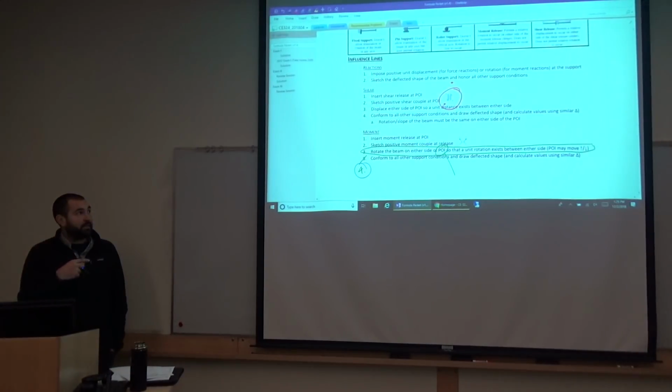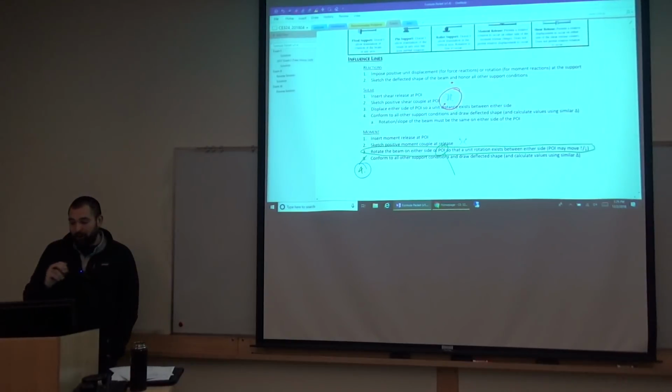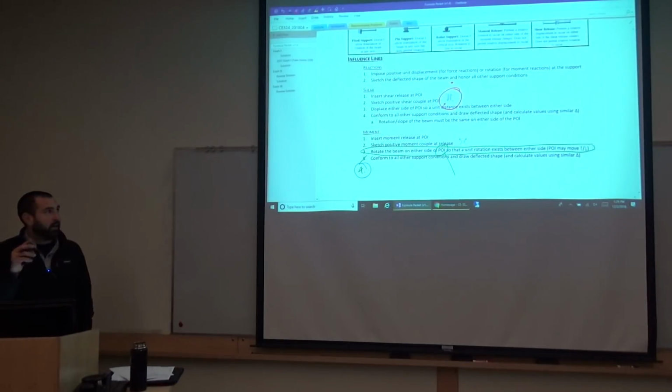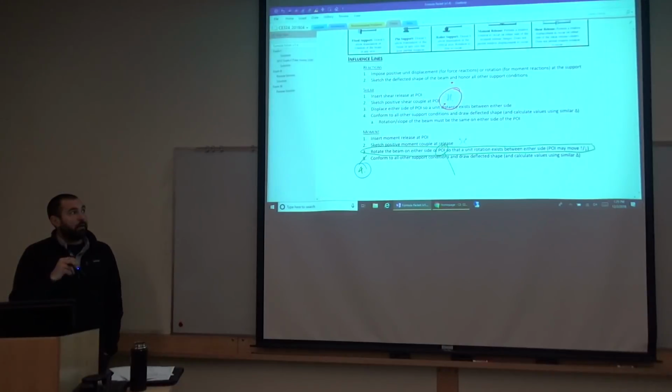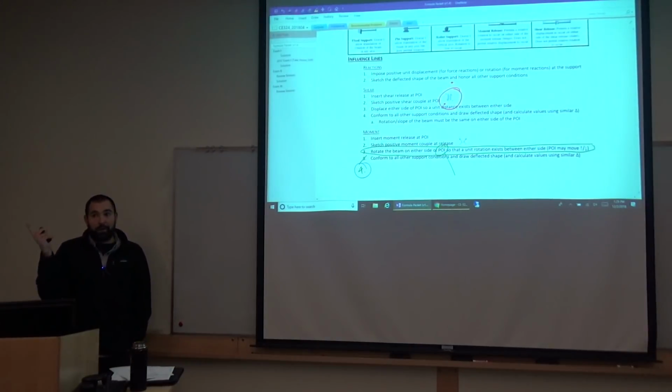If you make mistakes, identifying how you know it's a mistake specifically, not just saying, I think there's something wrong, if you can explain why, that can help a lot. And you've got really clear ways to check your work, both with virtual work and with influence lines.